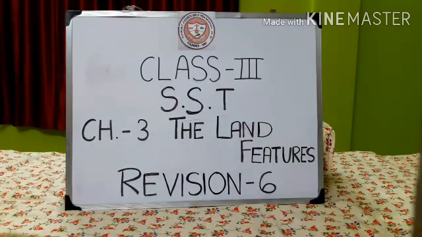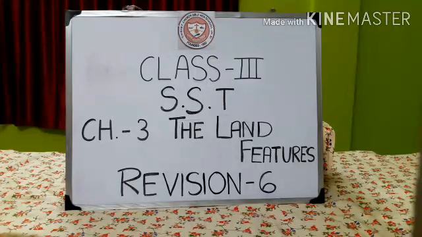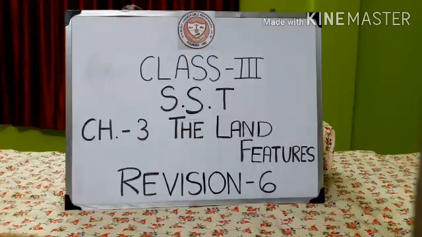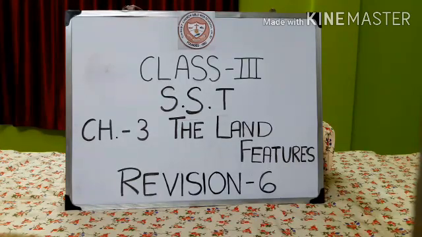So the land features. When we discussed this chapter, we discussed that India is a very large country, isn't it? And it is the 7th largest country in the world, and India has a massive population, second to China. The first country to have the largest population is China, and India is second.